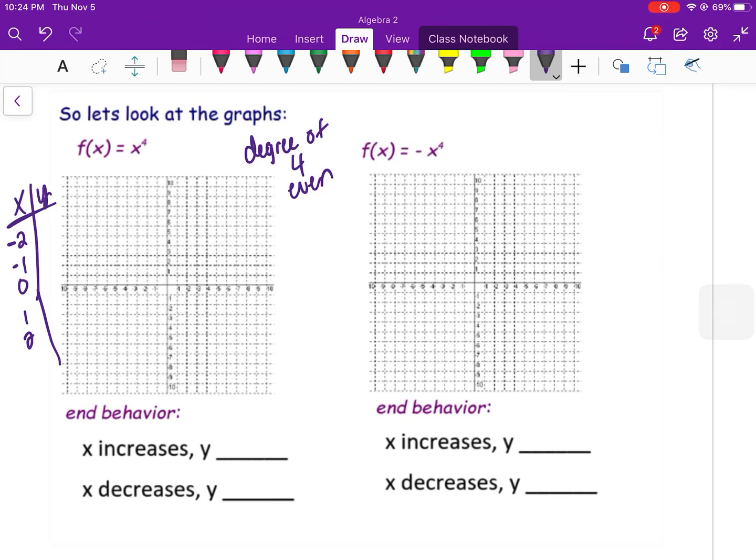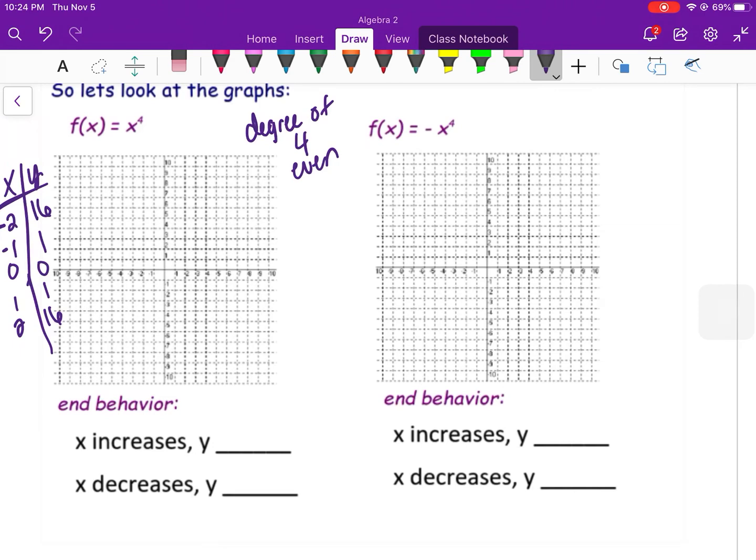Negative 2 to the 4th would be 2 times 2 is 4, times 2 is 8, times 2 is 16. Negative 1 to the fourth would be 1, 0 to the fourth is 0, 1 to the fourth is 1, 2 to the fourth is 16.